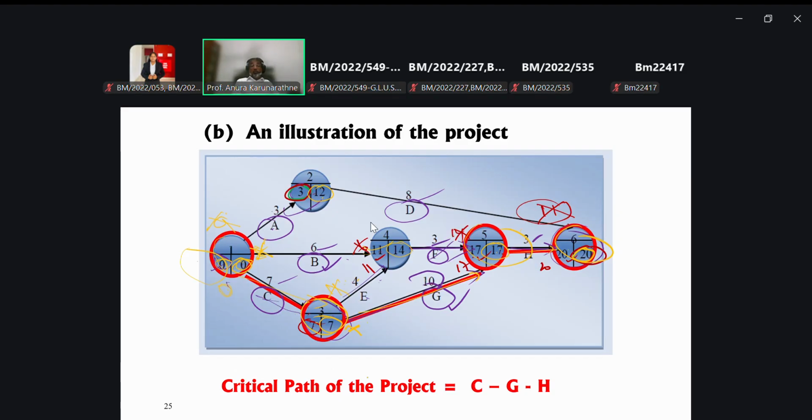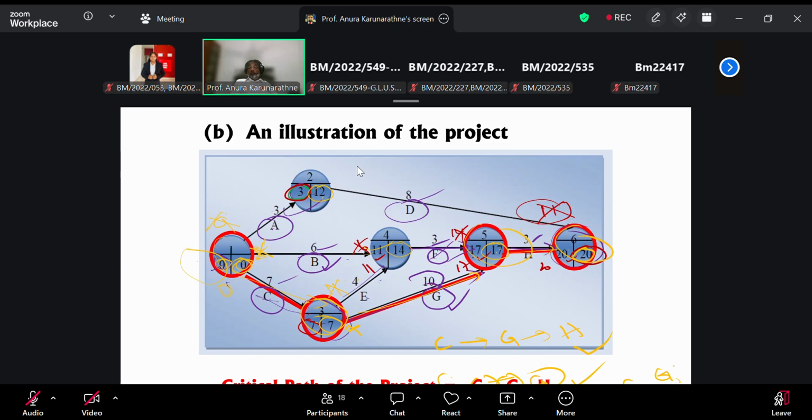This is called the critical path. Critical activities are C, G, and H, right? Critical path, C, G, and H. So this is the way of showing the critical path. In order to mention the critical activities, you can write C, G, and H.